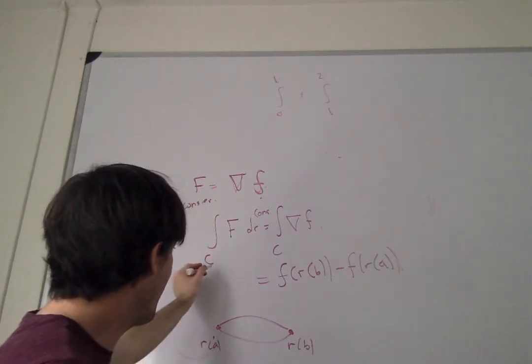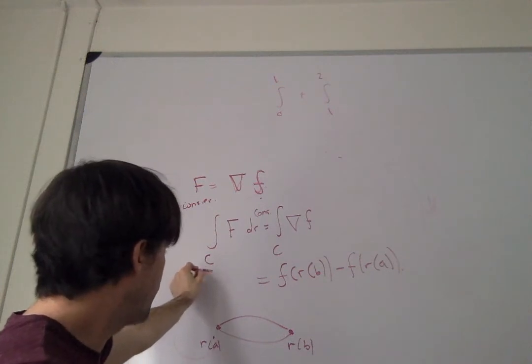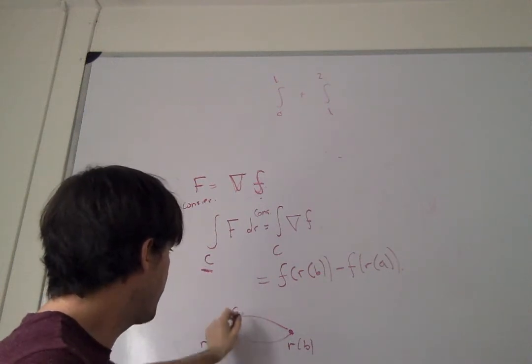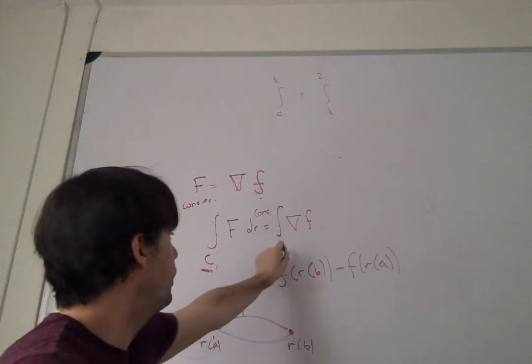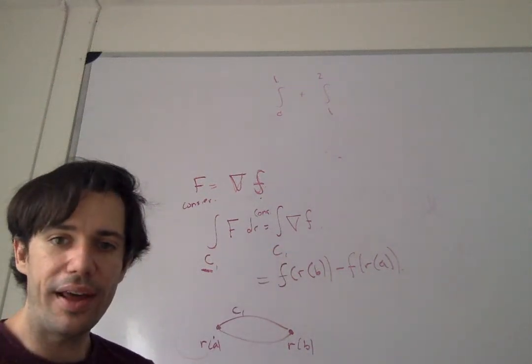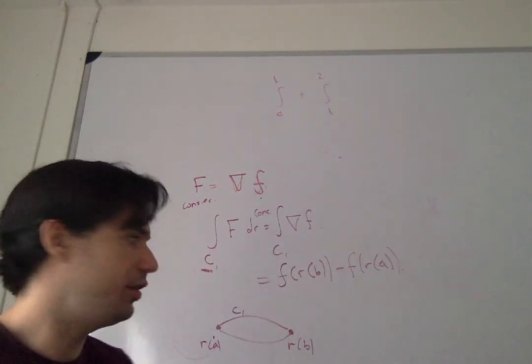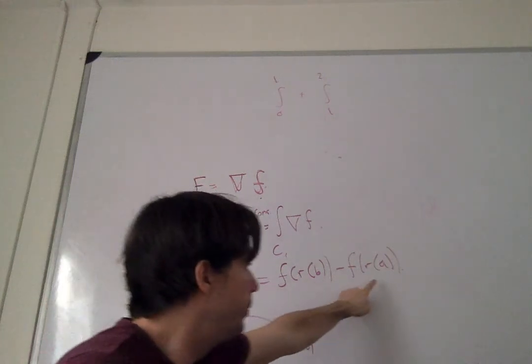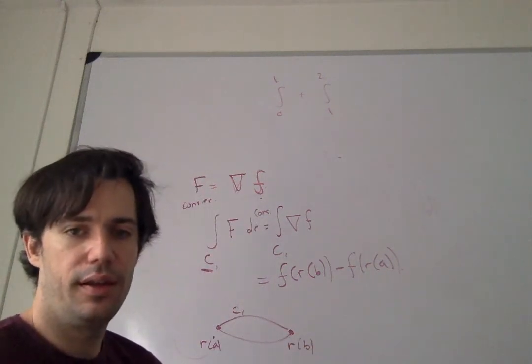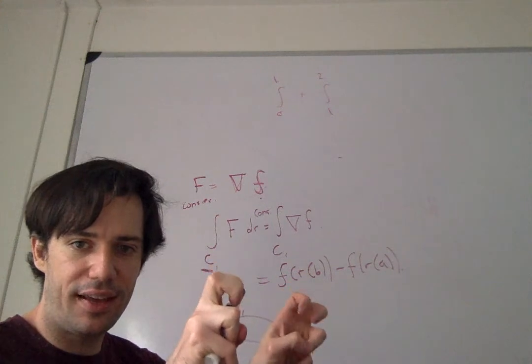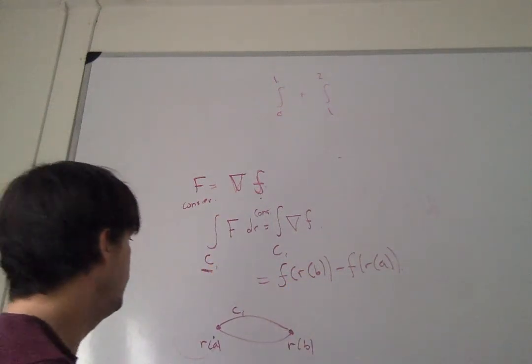Well, I'm doing this integral, right? So this could be, say, C1. So this is C1. Well, by the fundamental theorem of line integrals, I just pick up those r(a)s and r(b)s, right? I sort of forget about the path, right?